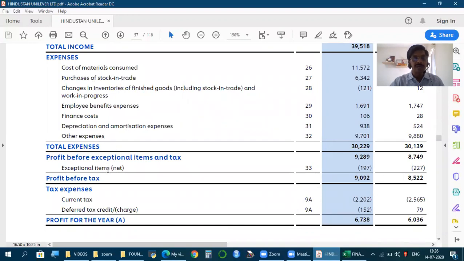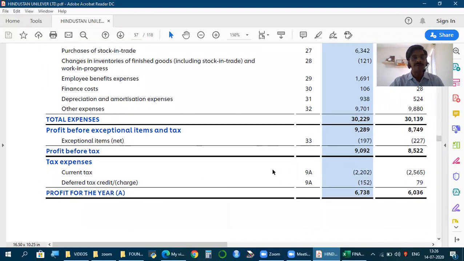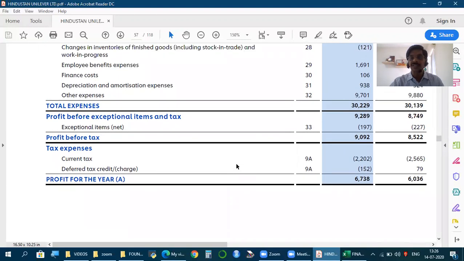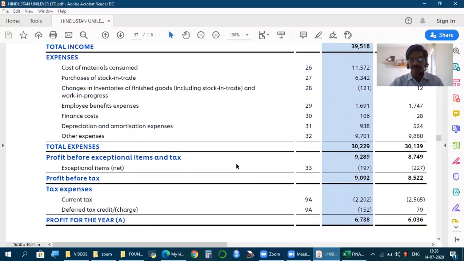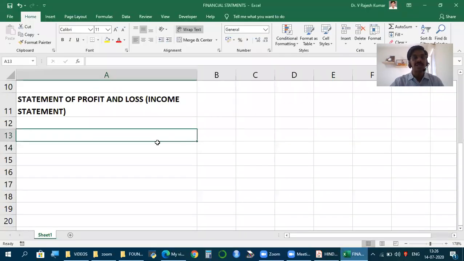In case we have any exceptional items, we adjust that. We get profits before tax, adjust tax, we get profits after tax. Now, this is a format in which you find it in annual report. But our requirement is to know how we should have these for analysis, and this is how we should have it.